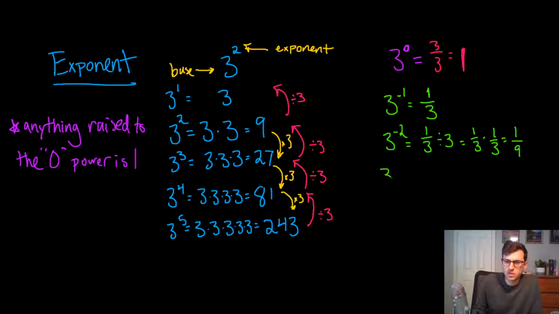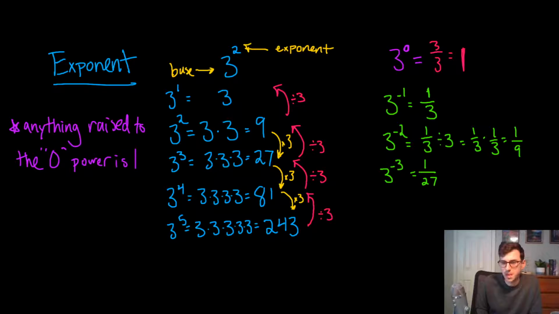We could do one more time. 3 to the negative 3 would be 1/3 divided by 3 divided by 3, or 1/9 divided by 3. And 1/9 divided by 3 is 1/27. Okay, so what pattern are you noticing here? 3 to the negative 1 is 1/3. 3 to the negative 2 is 1/9. 3 to the negative 3 is 1/27.